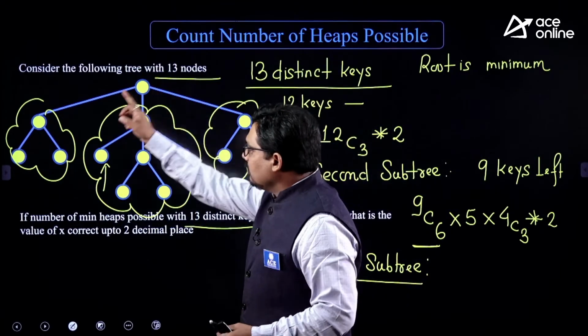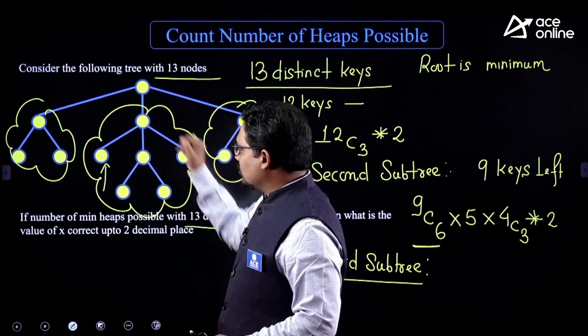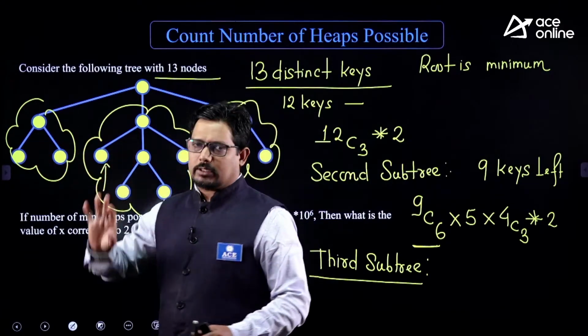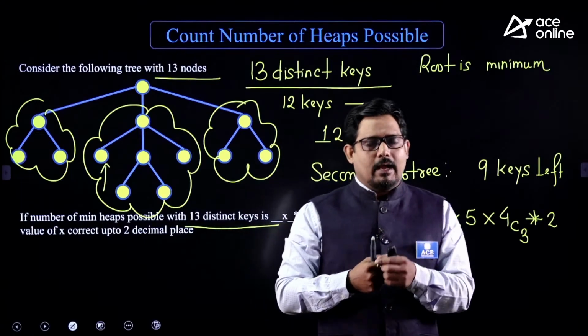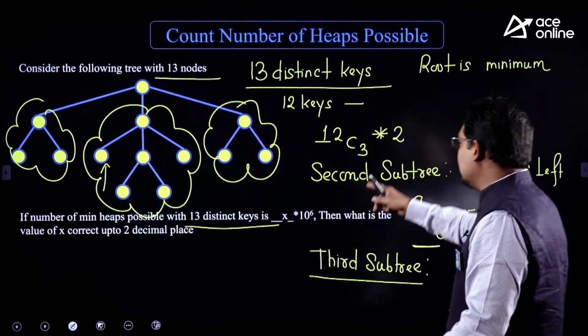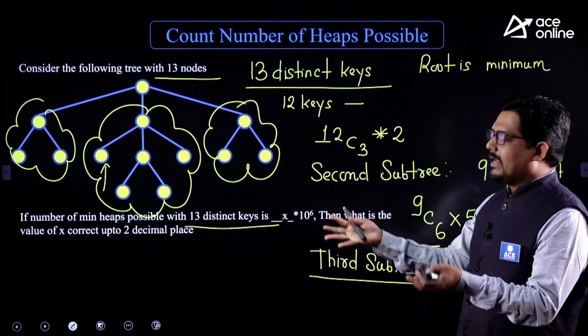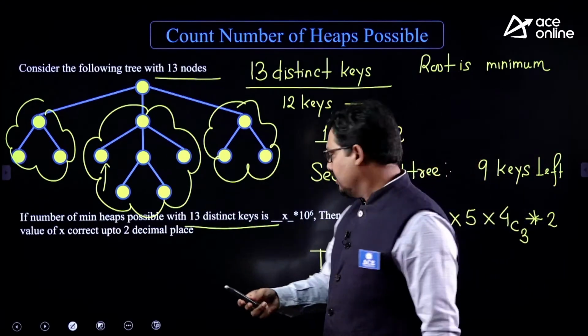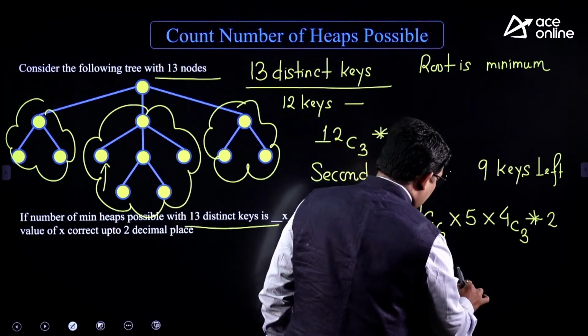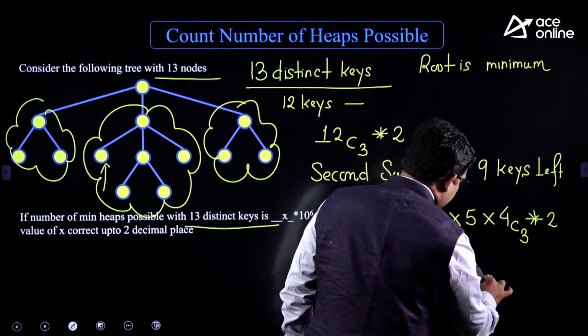Third subtree. So 1 gone, 6 gone, 6 plus 1 is 7, and then 3 also, so 10 nodes are gone. Now how many remaining? Only 3. How many do you need to select? Only 3. So there is only one choice, you cannot make any selection: 3C3. So for the third subtree we have only one choice, that is 3C3.